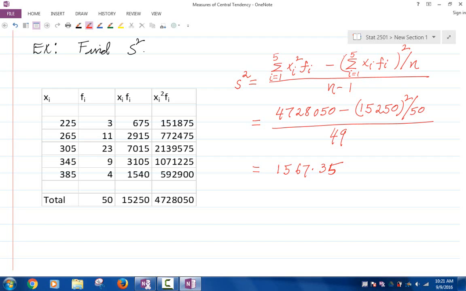So you plug them in, and you calculate, and what you get is 1567.35. Now, this is the variance, so if you need to find the standard deviation, all you have to do is take the square root of the variance. So the standard deviation S will be the root of 1567.35.